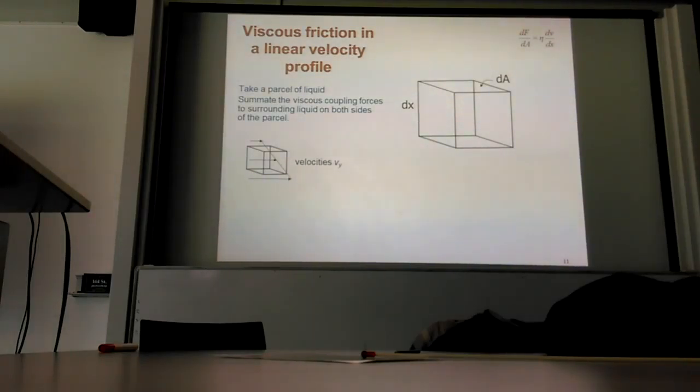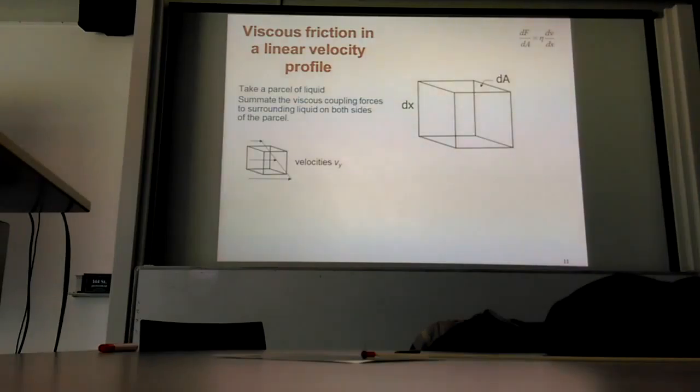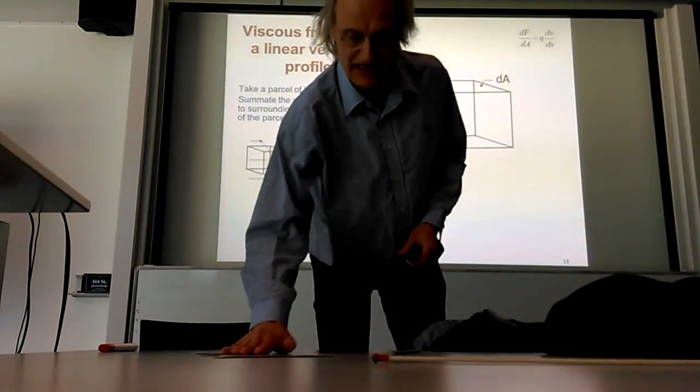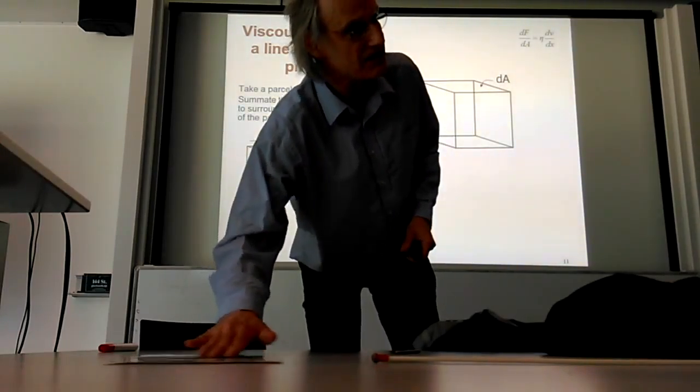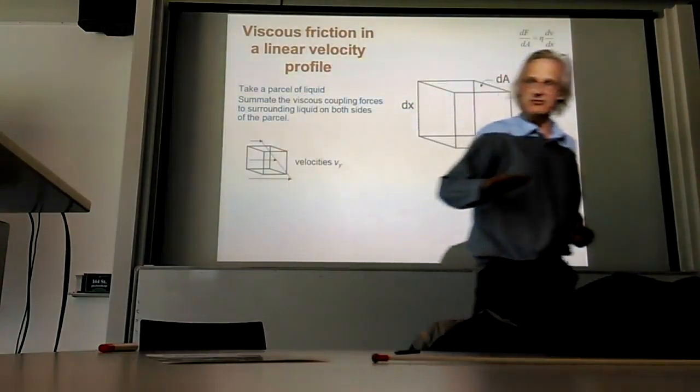So if something moves a lot faster than the other one, will it drag it along? What do you think? If there's friction between the two. If I do this, I drag it along by having a little friction here, isn't it? Yep. Okay. Now, so by friction I can exert a force.